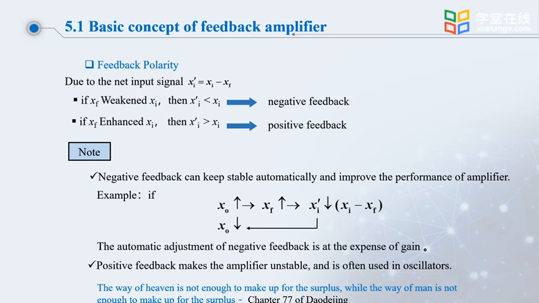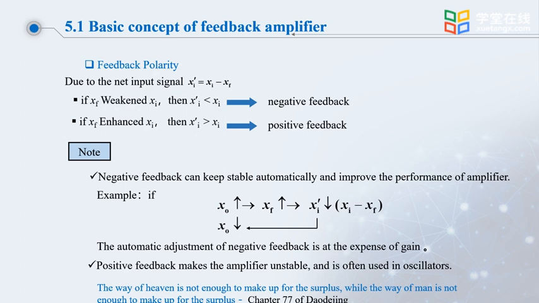For example, suppose that for some reason the input signal of a basic amplifier suddenly increases. It is amplified by the basic amplifier, so the output signal Xout also increases.